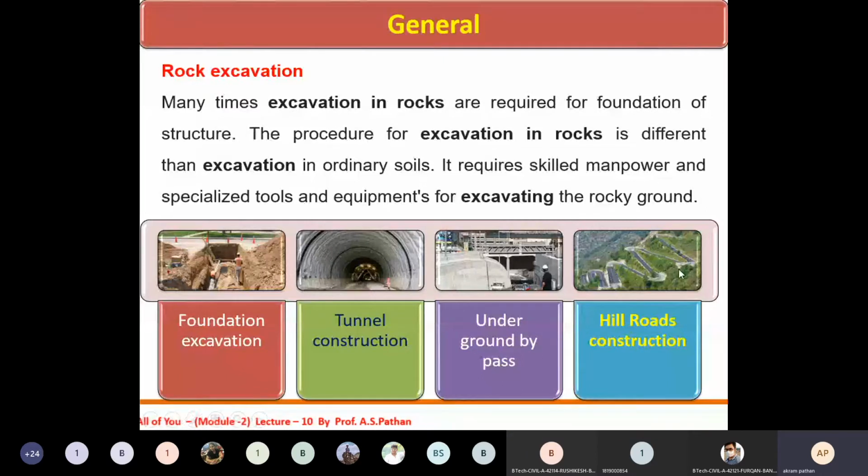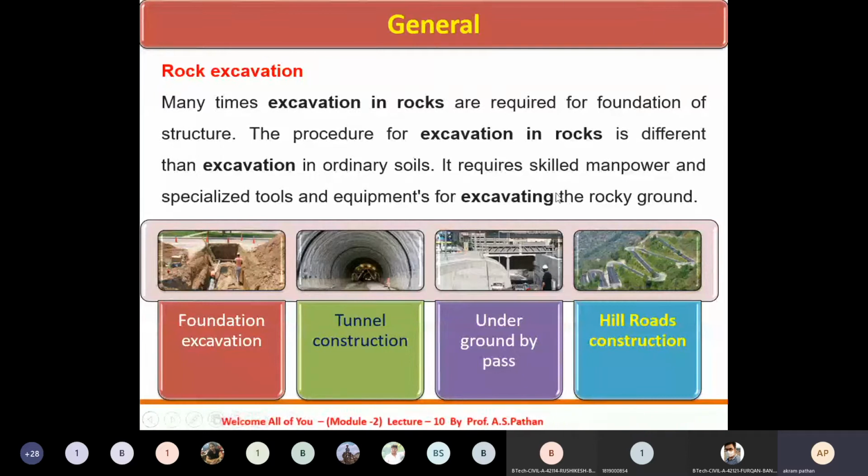Then we also discussed hill road construction. The first thing is that in hill road construction, we have to fix a particular alignment on the hill road. Once you align the hill road, we require cutting of rock somewhere. Which type of equipment do we generally use for cutting rocks on a hilly road?